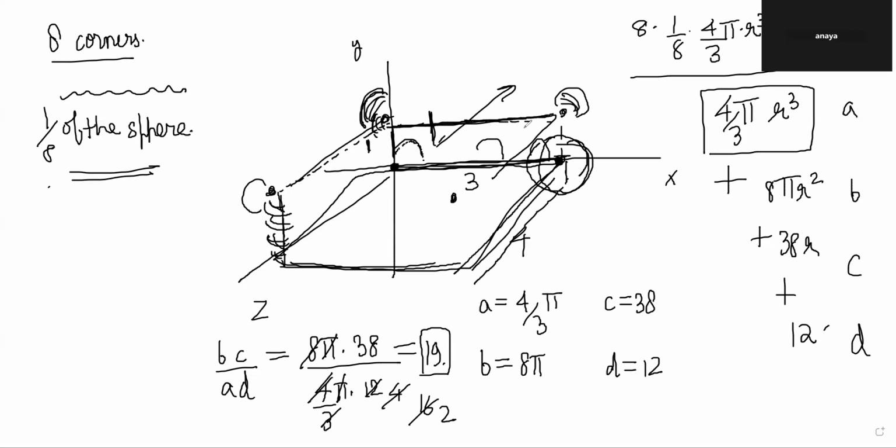The third part is the slightly tricky one, along the corner vertex. How much is still not covered? And the constant term is what is inside the box, which is 12. So that is what we have to do here.